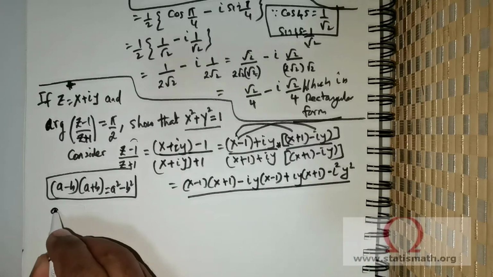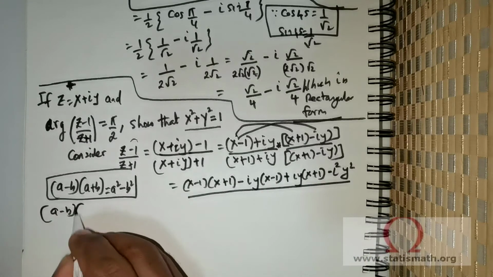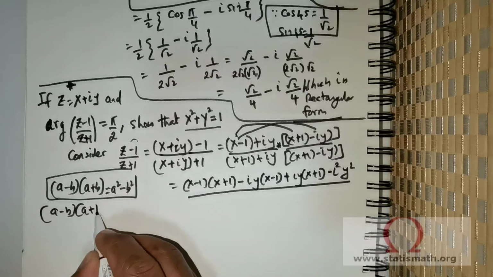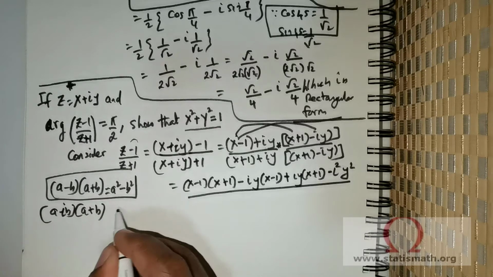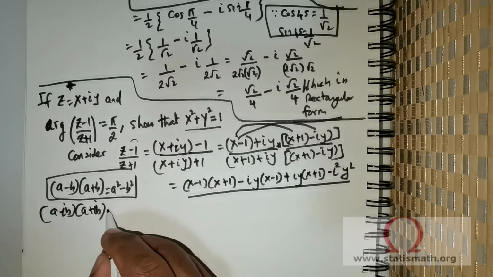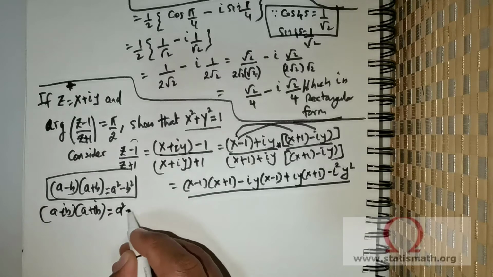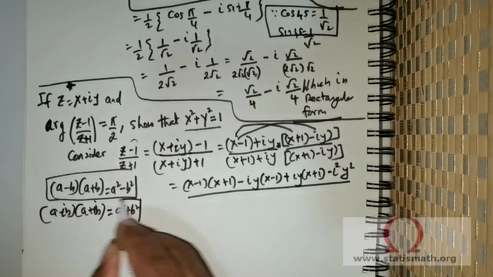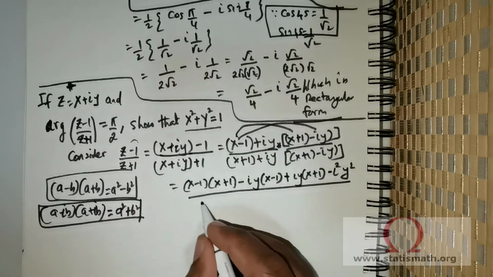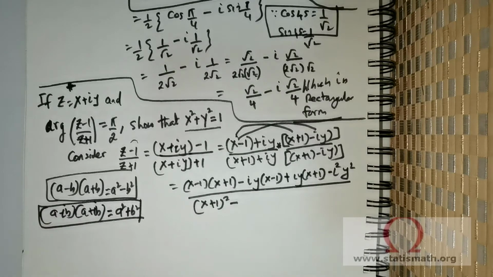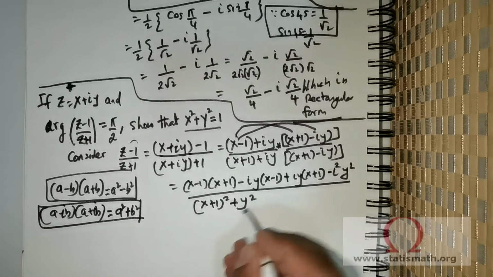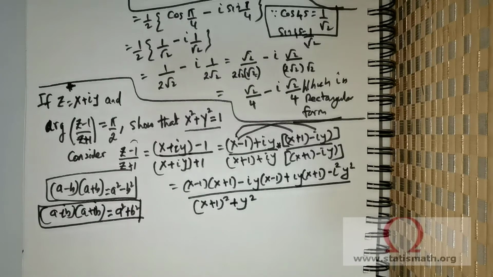Now this is (a − ib)(a + ib), but the only difference is the presence of an i, so the outcome is going to be a² + b². So have that in mind. This is going to be (x + 1)² + y² for the denominator.